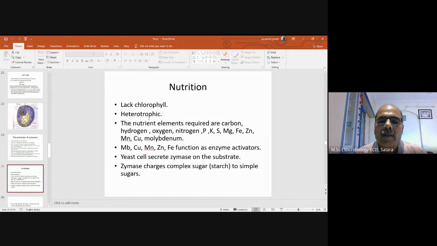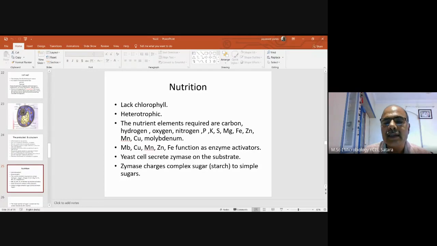Along with major nutrients, that is carbohydrates, carbon is required, nitrogen is required, and along with this, phosphorus, potassium, sulfur, magnesium, etc. These inorganic nutrients function as enzyme activators and sometimes act as co-enzymes.